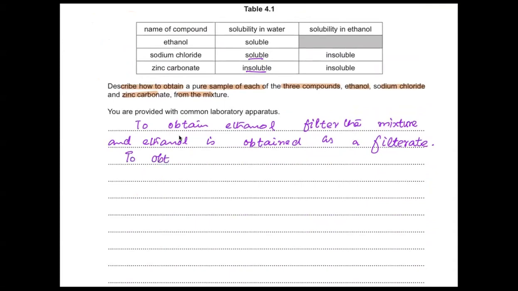So to obtain zinc carbonate, add water to the residue and stir. On stirring, what is going to happen? Sodium chloride is going to dissolve and zinc carbonate stays undissolved, right?